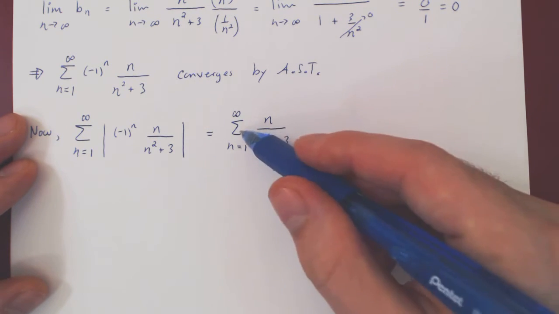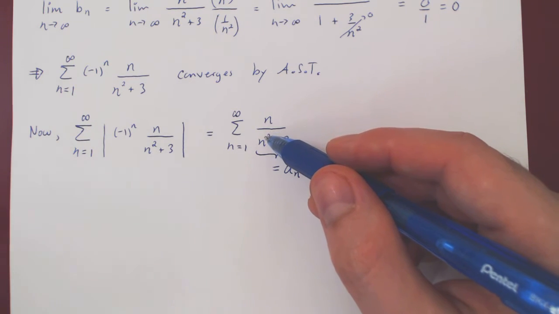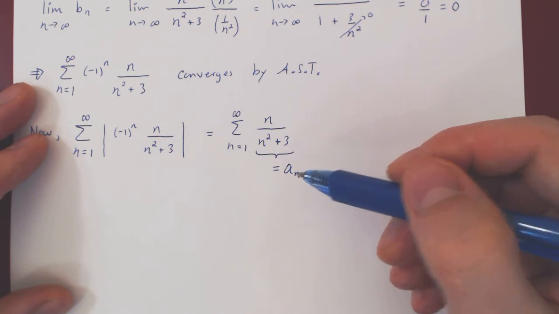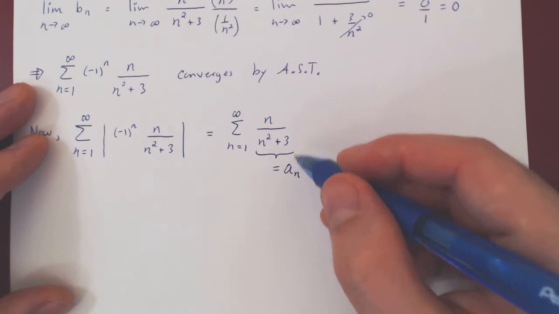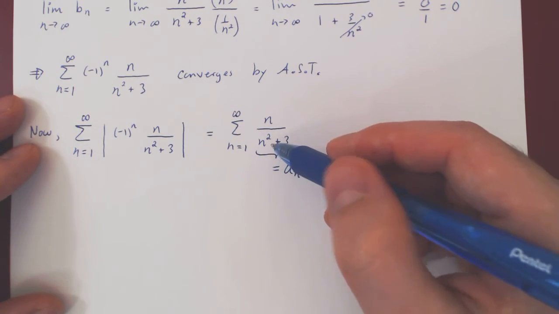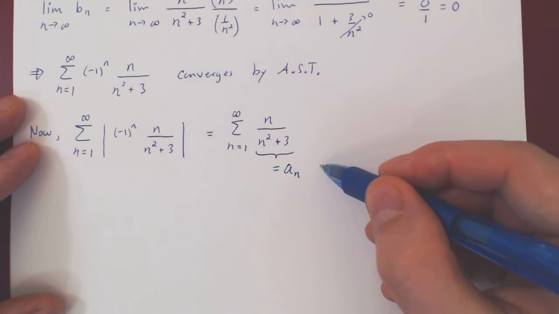And every time you are summing a rational function of n, this is the perfect setup for the limit comparison test. So we're asking, as we can always ignore the first few terms of our series, when n is large, what is an roughly equal to?